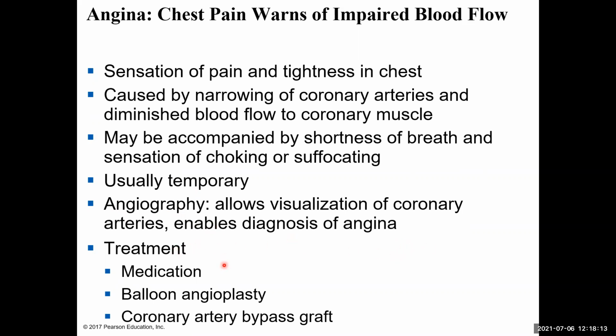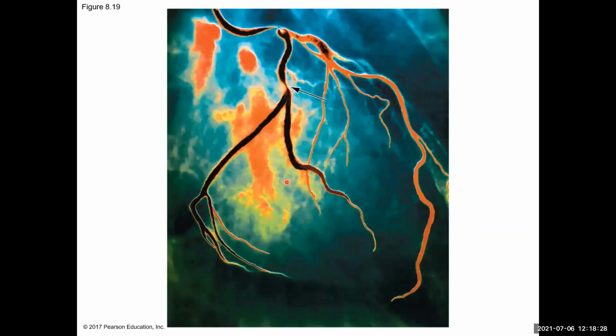In order to treat anginas, you can take medication, you can get a coronary artery bypass, or you can get a balloon angioplasty, which will kind of open up that coronary artery and allow regular blood flow. So here we have a narrowing of that artery. So that's the angina here.